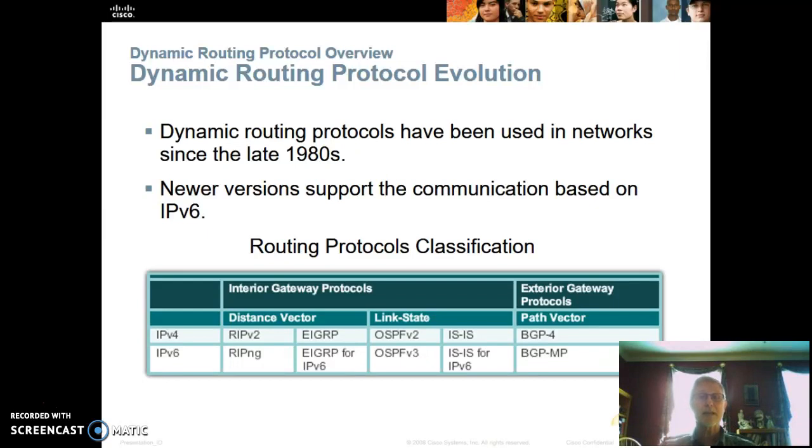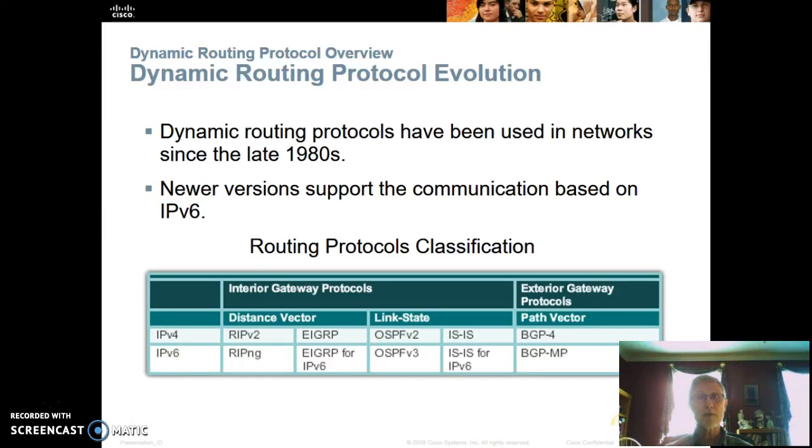Interior pretty much says, this is the stuff within my company's purview, what I'm trying to control in my network, whereas exterior gateway is where I start talking about going to other networks on the internet. We usually don't cover those, because those are ISP type protocols. So most of the stuff we're going to cover in this class are interior gateway protocols.